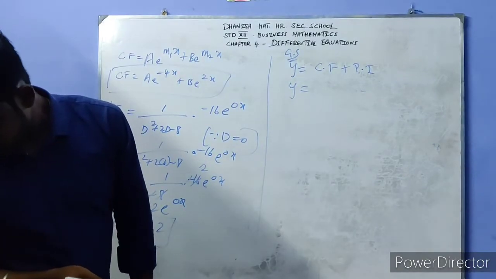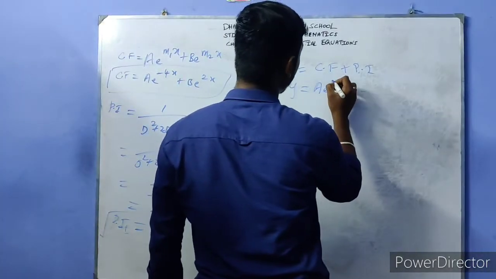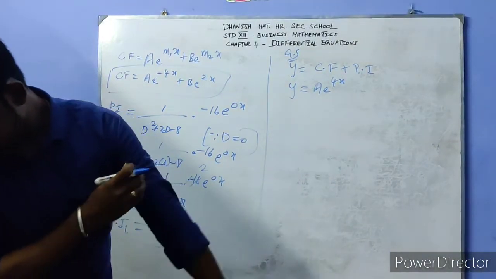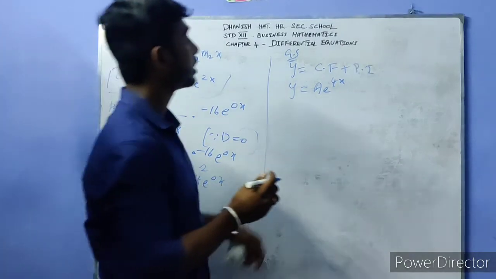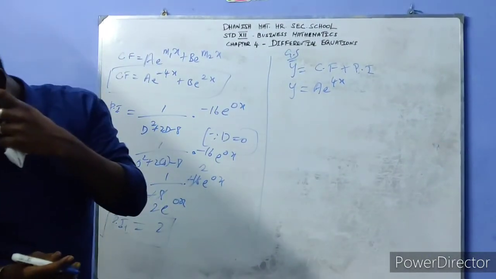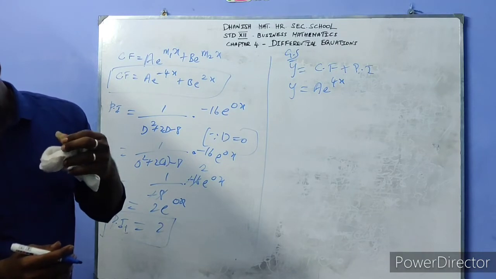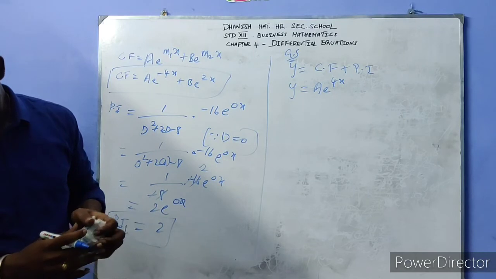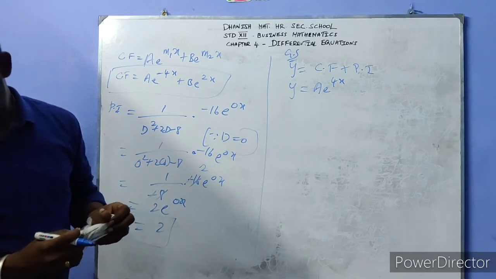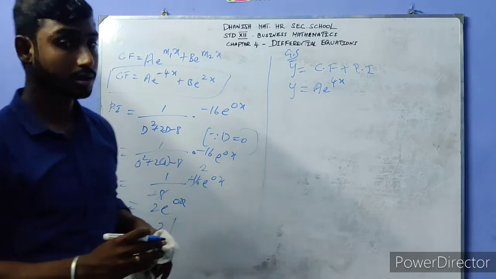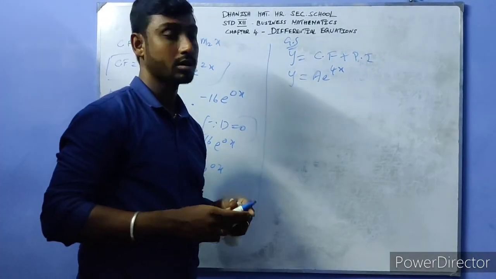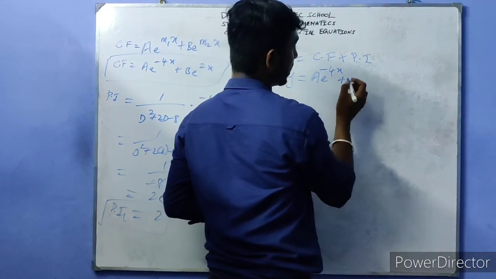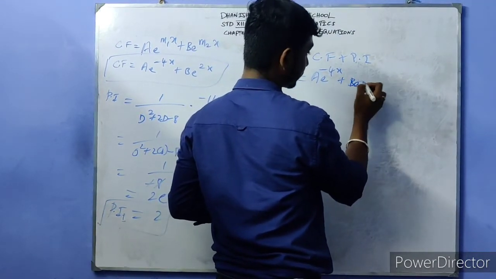That is a e power of minus 4x plus b e power of 2x.